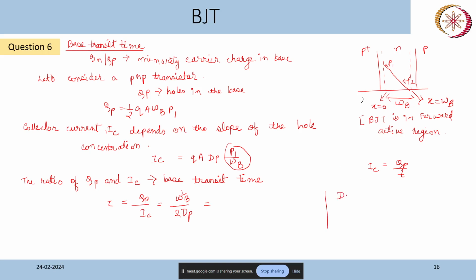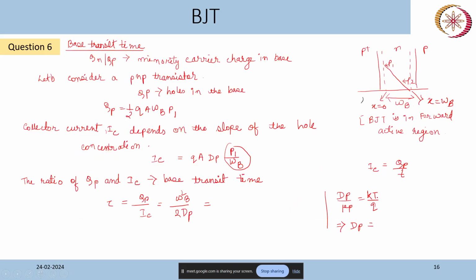From the Einstein equation, DP by mu p is equal to kT by q. So DP is equal to kT by q, which at room temperature is 26 millivolt, because it is divided by q. Then mu p is given as 400.